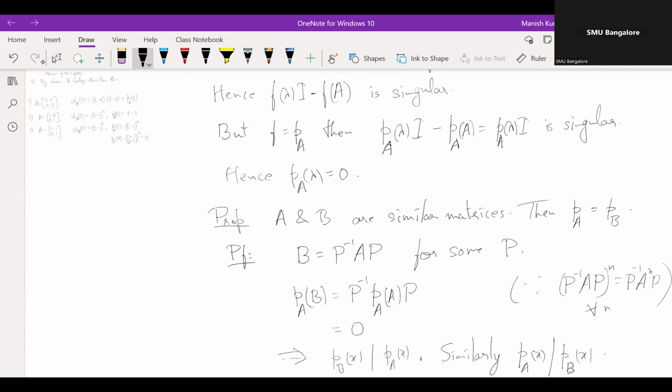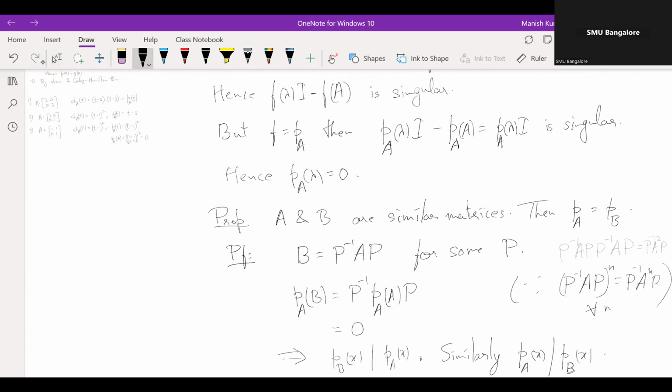But B is P inverse A P, whole power n. So this is the same as P inverse A to the n P, because if you write P inverse A P times P inverse A P, the middle P's cancel out. So you get P inverse A square P. This is what I'm using essentially. You do this n times and you'll get this.